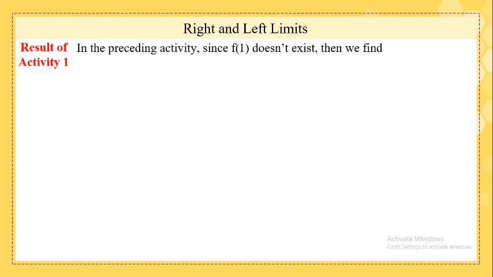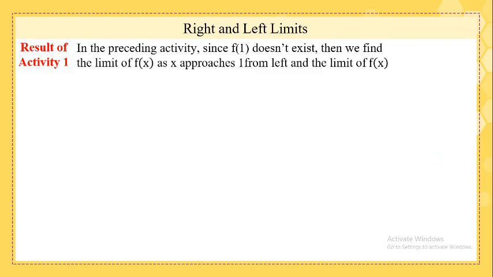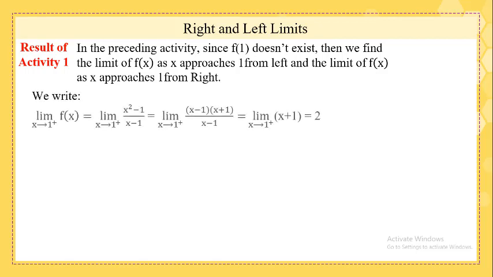As a result of our activity, since f of 1 does not exist, we find the limit of f of x as x approaches 1 from the left and as x approaches 1 from the right. We say limit of f of x as x tends to 1 plus, that means from the right.